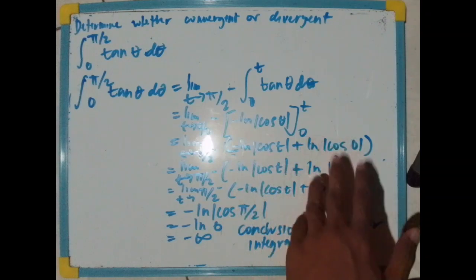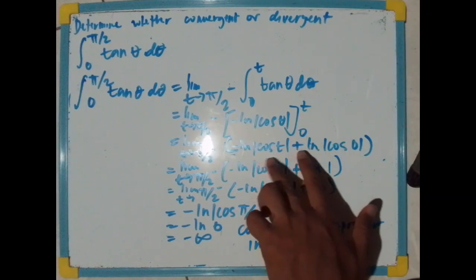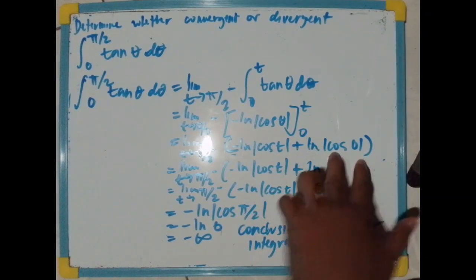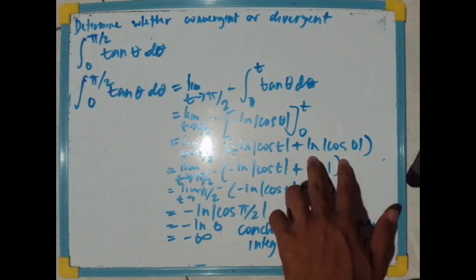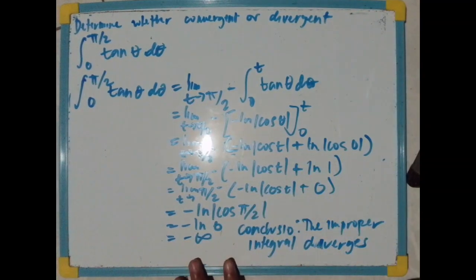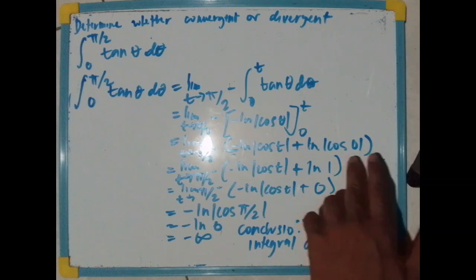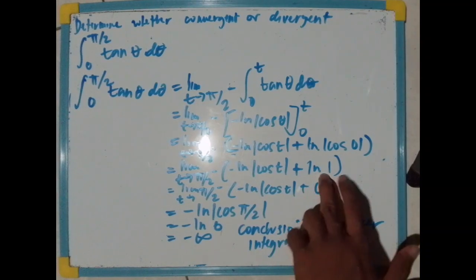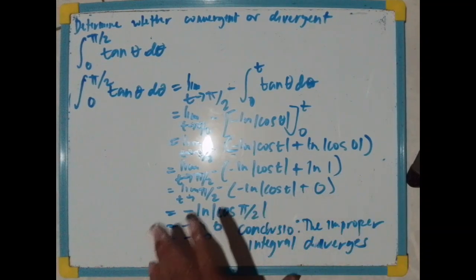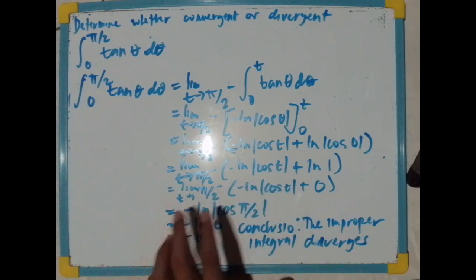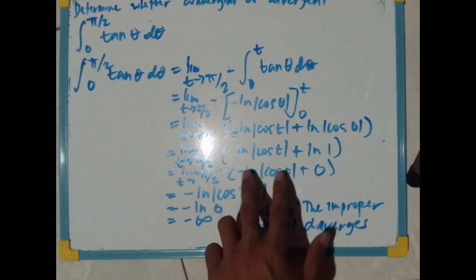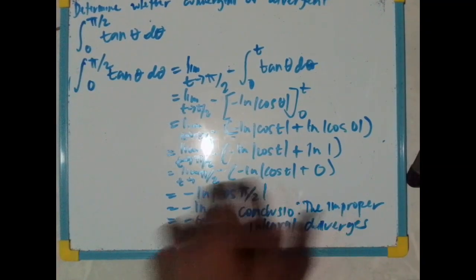Now we have t minus the 0. ln cosine 0, and cosine 0 is equal to 1, so ln 1 becomes 0. This part will stay the same because there's nothing left to simplify.